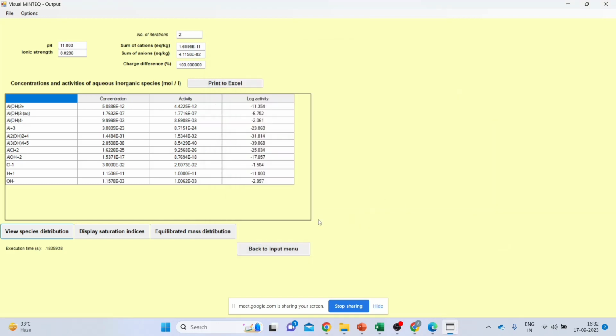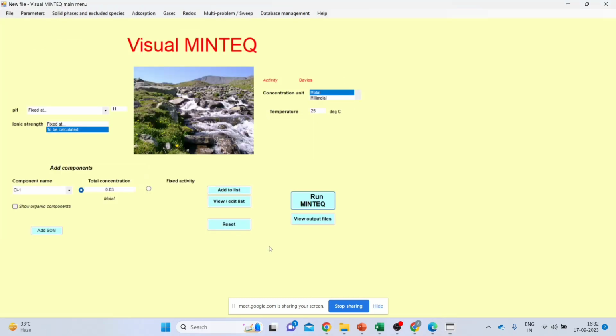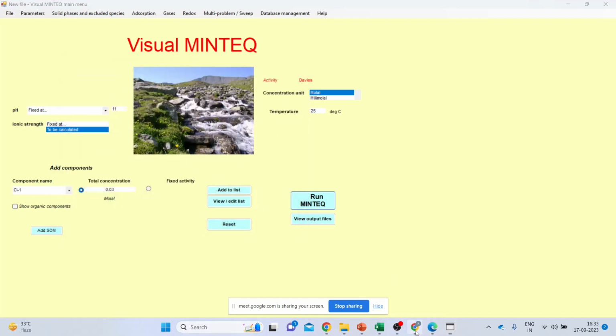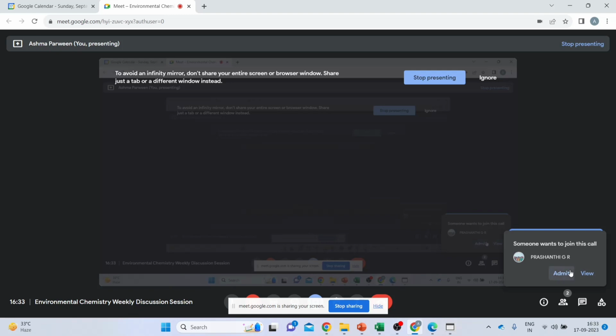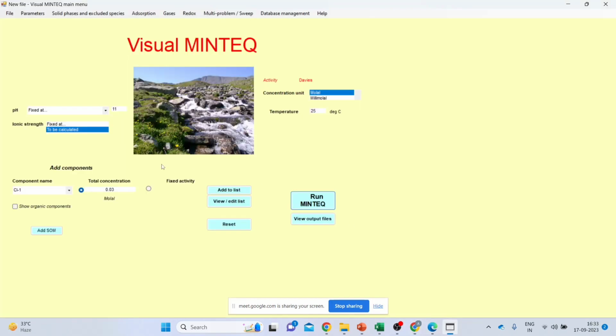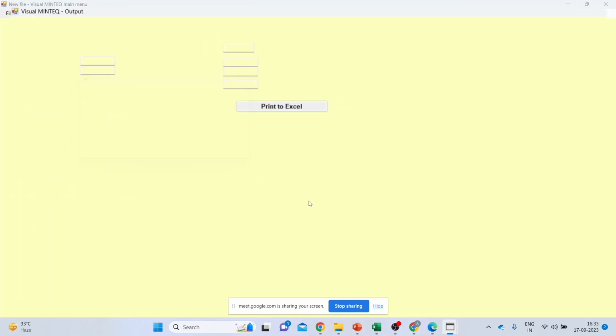But what I have forgotten to add in this question is that we have also checked for aluminium hydroxide solid, which we will have to specify from here. Let me add that. So now let's fix the pH at 7 and see if we are able to run it or not.